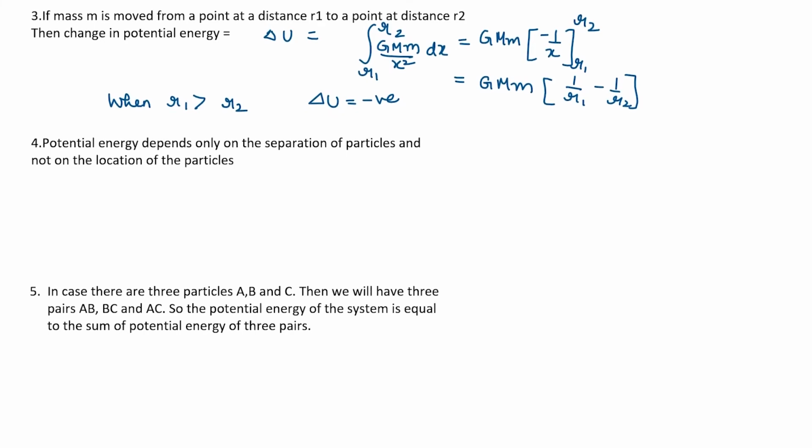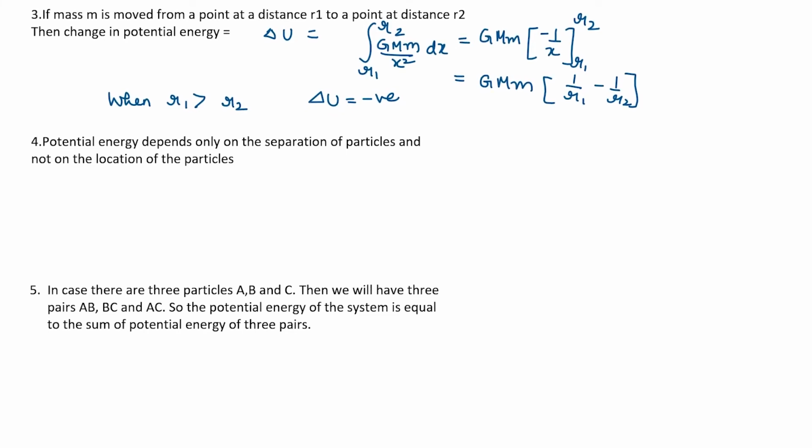Also, suppose instead of two particles you have three particles A, B, C, then you will have three pairs: AB, BC and AC. So the potential energy of the system will be equal to the sum of potential energy of the three pairs. Suppose these are your three particles A, B and C. Let us say they have masses m1, m2 and m3, and the distances between them are r12, r23 and r13.